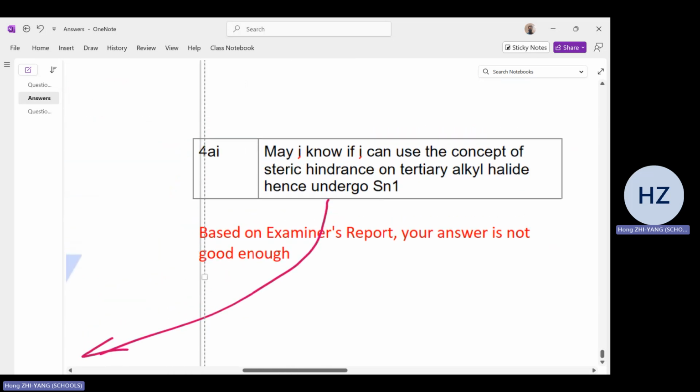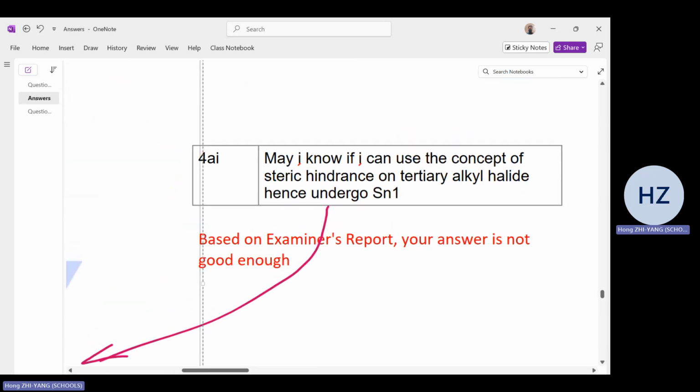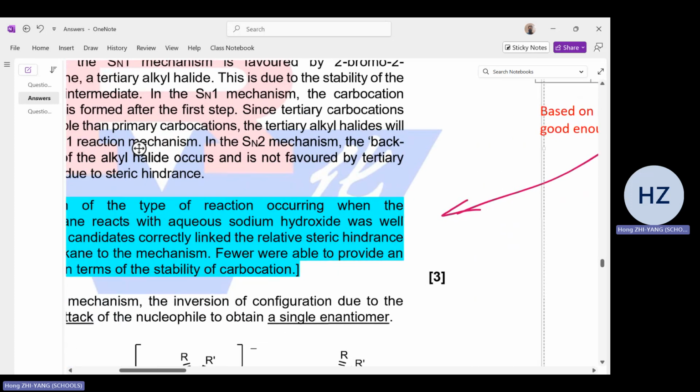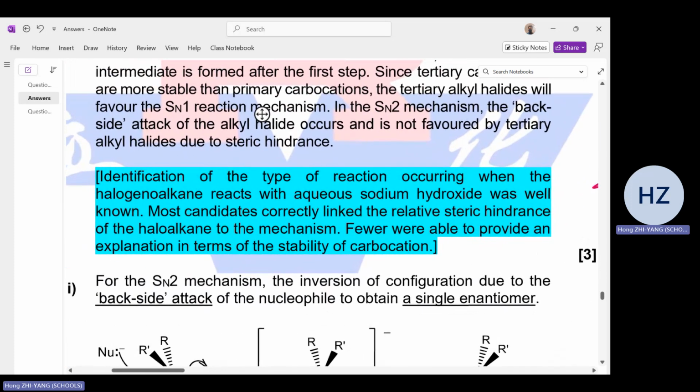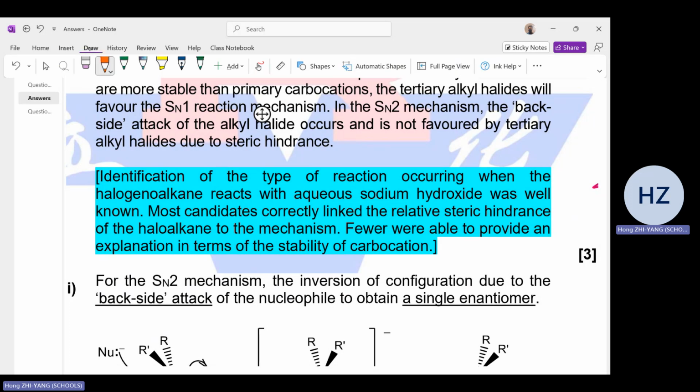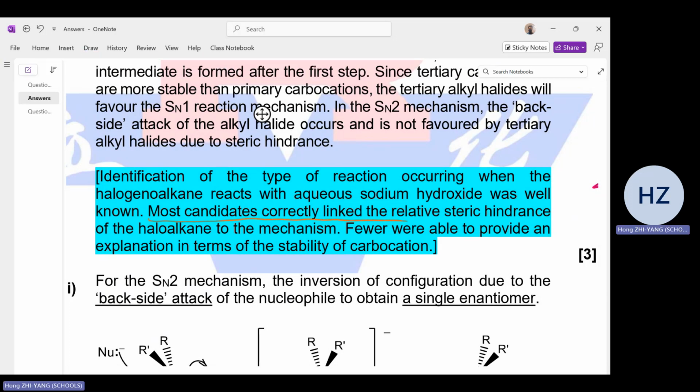May I know if I can use the concept of steric hindrance to talk about tertiary alcohol halide, which means it cannot go through SN2, hence I need to go for SN1? My answer to you is the examiner's report says your answer is not good enough. Most candidates link steric hindrance to the mechanism, but fewer candidates actually provide the explanation due to stability of the carbon.